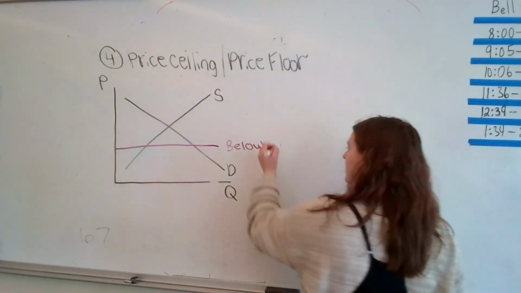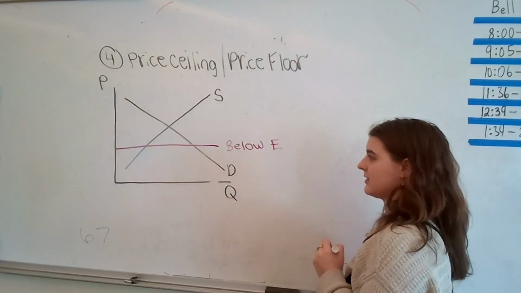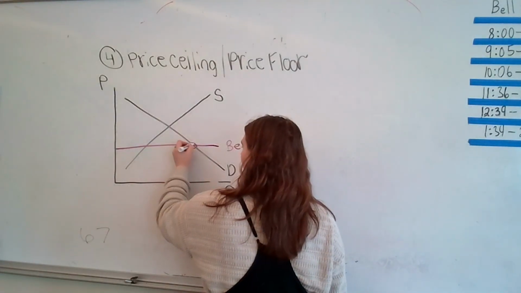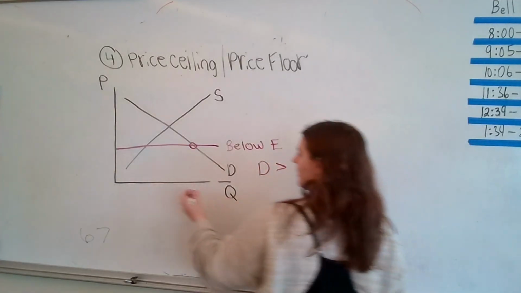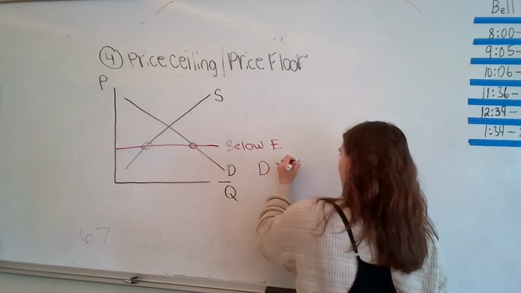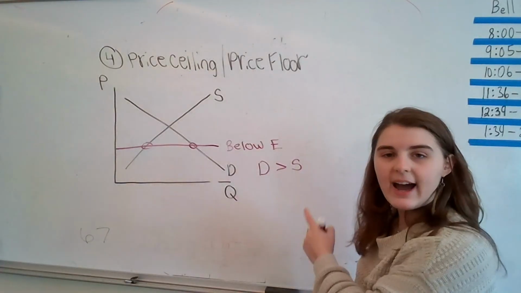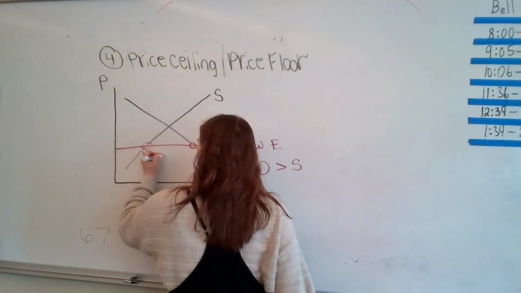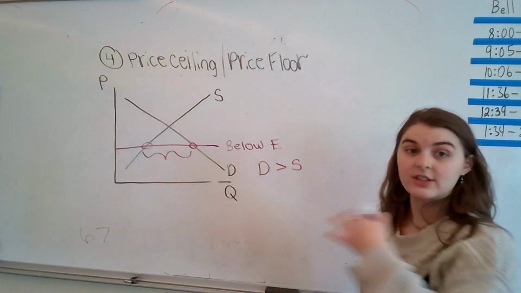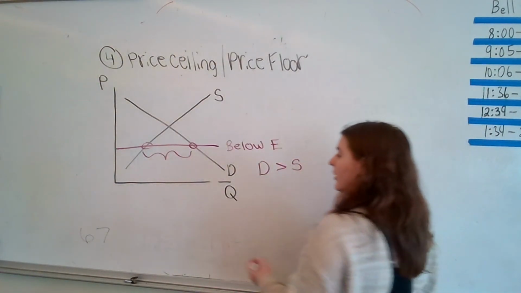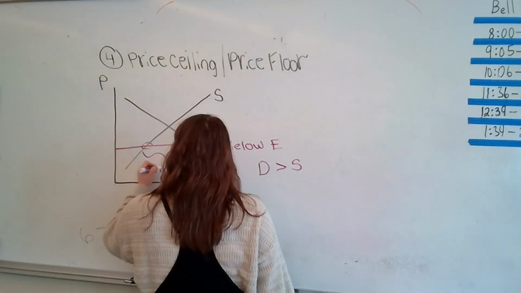We're going to see demand is going to be greater than supply. And if we have demand that exceeds supply, so there's more demand for a good than there is supply of a good, we're going to see a shortage. There's not enough of it.